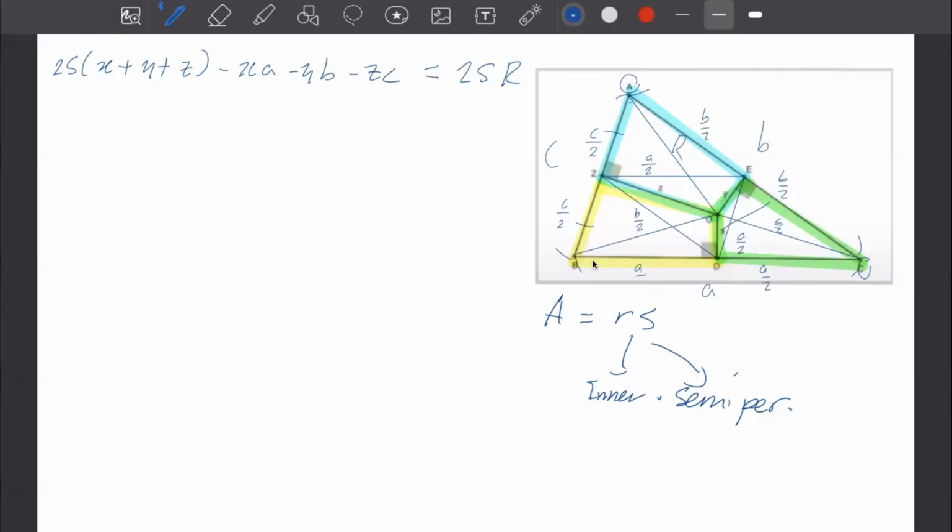And from this equation, we can get that the semi-perimeter is x plus y plus z over 2, and that multiplied by the inner radius is ax plus by plus cz over 2. But we're going to multiply that by 2, so we can get 2rs, which is going to be this times 2, which equals ax plus by plus cz. This is to get rid of these guys.